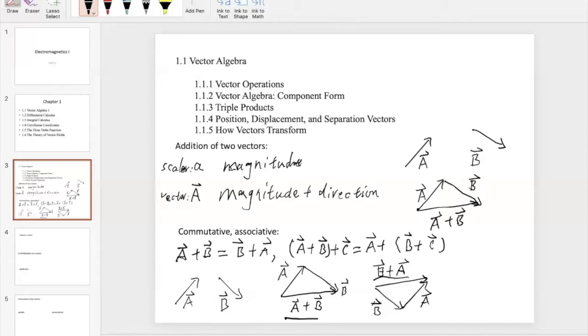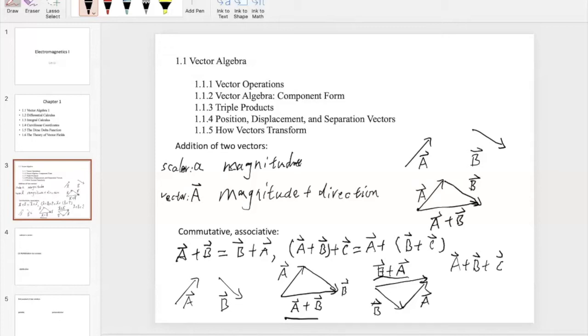That's associative. If you combine the commutative and associative properties of vector addition, the addition of vectors is more flexible. For example, if you have A plus B plus C, you can exchange the order of those three vectors.